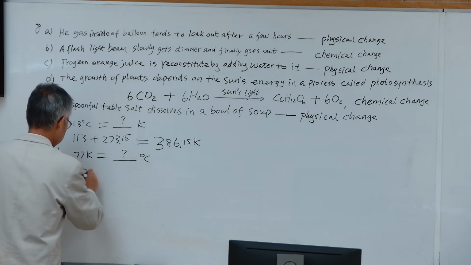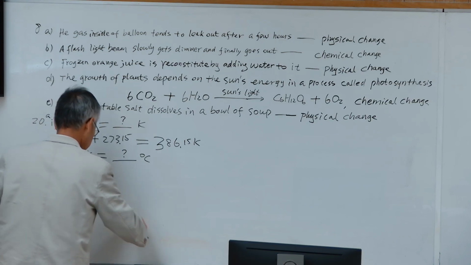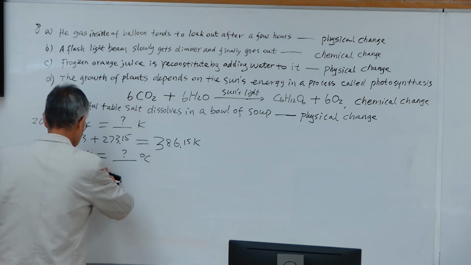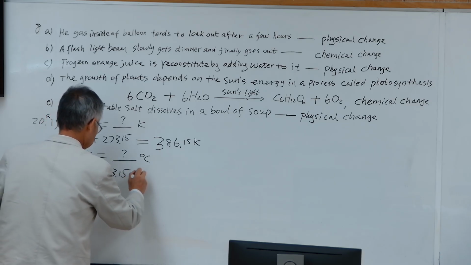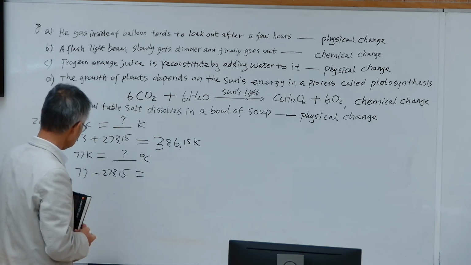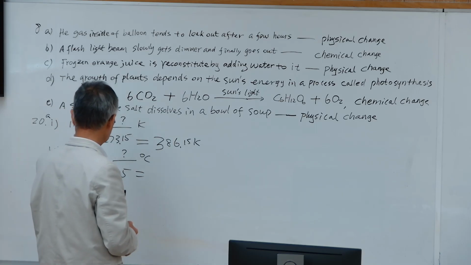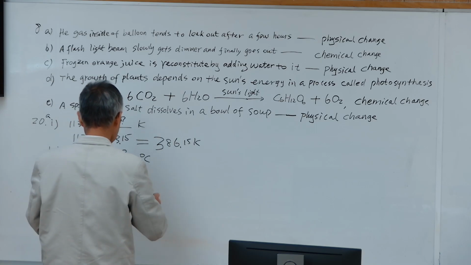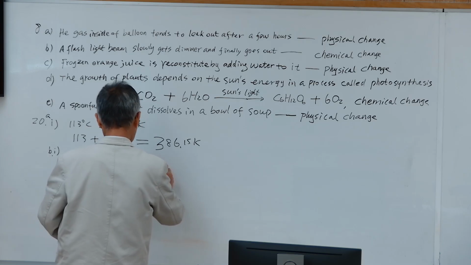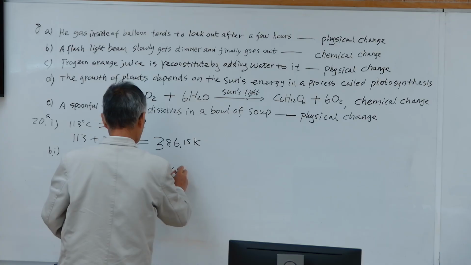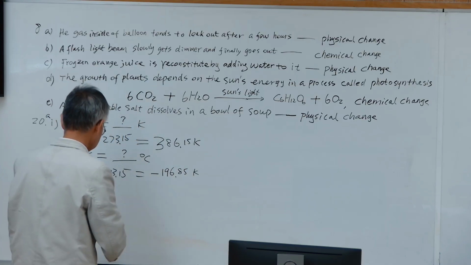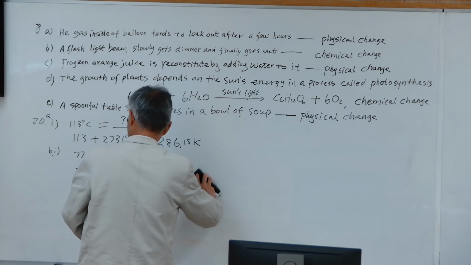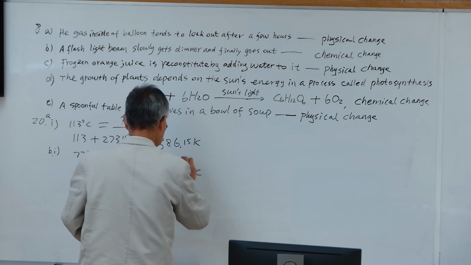Then from Kelvin back to Celsius will be minus 273.15. Then this will be negative 196.85 degrees Celsius, not K. This is from Kelvin to Celsius.